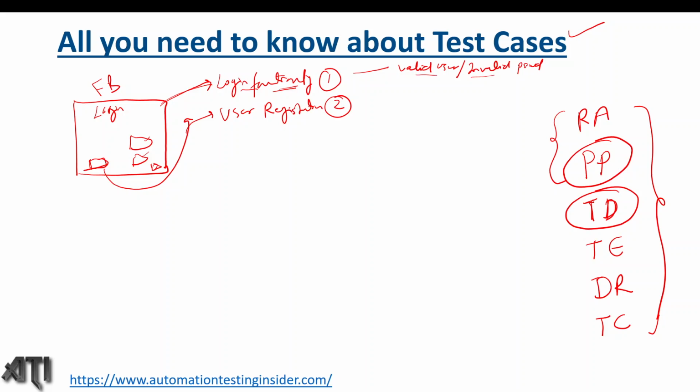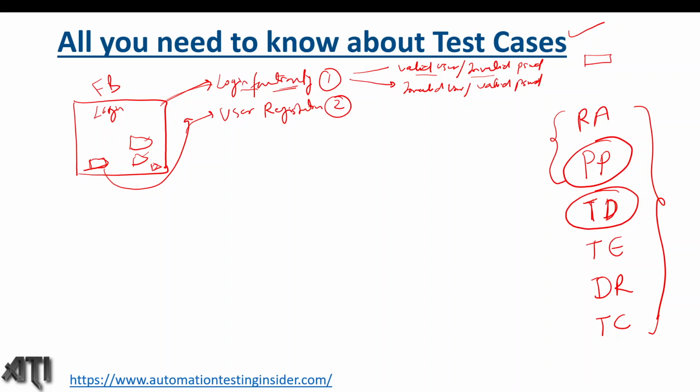And for this test case we'll write the complete steps, guys, like navigate to the Facebook page, the user should be able to see the login page, and enter valid user and invalid password. The user should not be able to log in for this case. So that is a test case, a set of actions, right? Another test case could be invalid user and valid password.